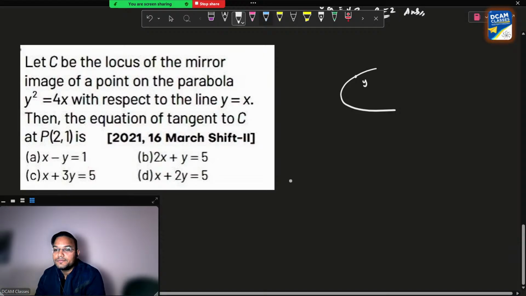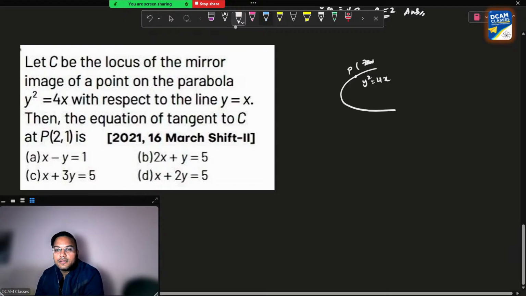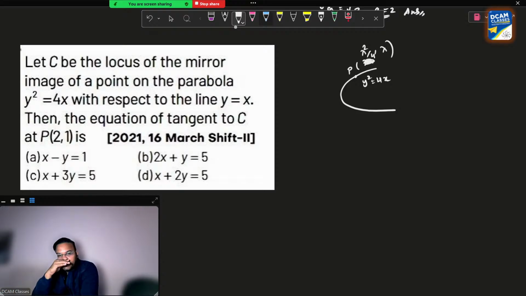You can assume the point P as lambda comma... it's better you assume y as lambda, and x will be lambda square by 4. So the point P is lambda square by 4 comma lambda, in one variable.